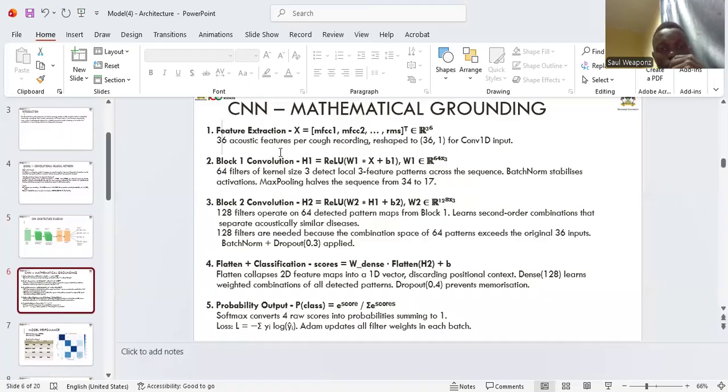You can see the feature extraction at block one and block two, the flattened plus classification scores, and then the probability. The probability of each class is its score over the summation of the scores from all classes. Then they also get the loss using this method.